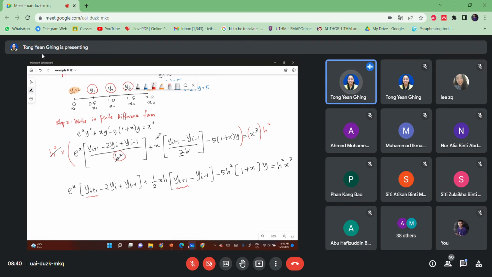And for yi, put together. This one is yi, this one is also yi. Another one, yi minus 1, here also we got yi minus 1. So I combine this one with this one, and then with this one.